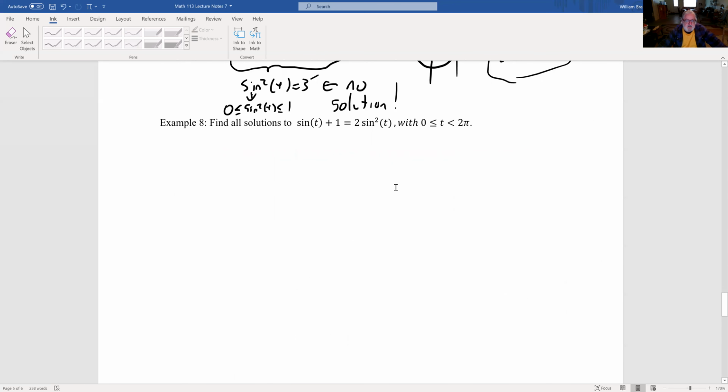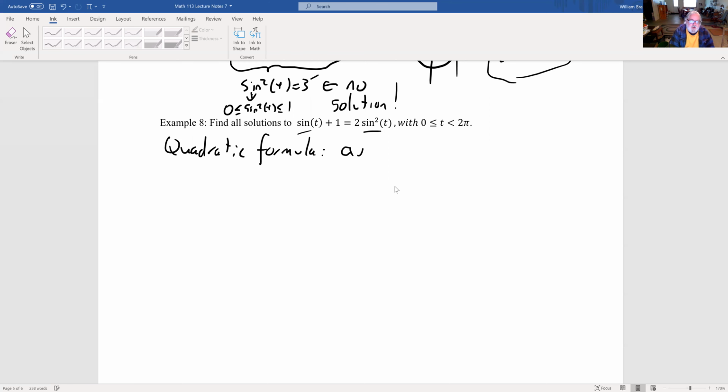Okay, what about this one? This is a little bit trickier because now we've got a sine squared and a sine, so it's not just one sine. How can we solve this? Here, the quadratic formula will come to our rescue.